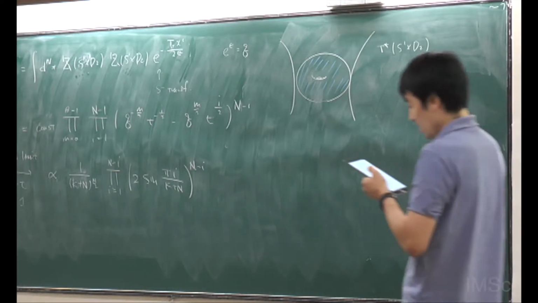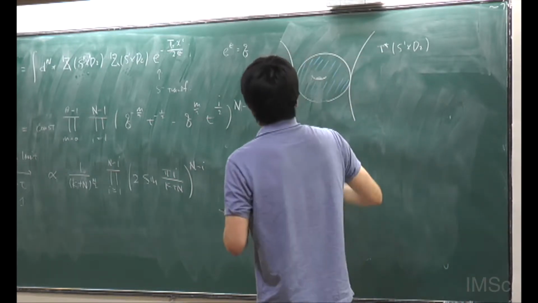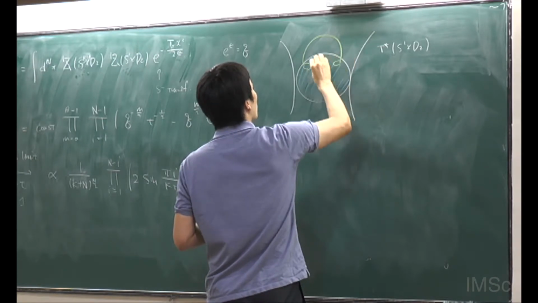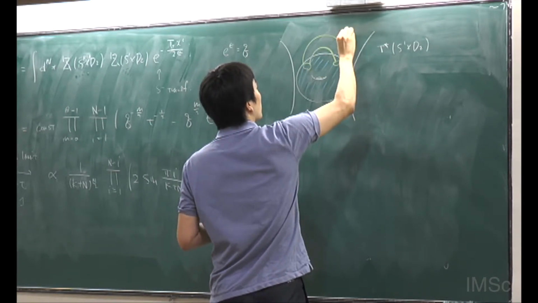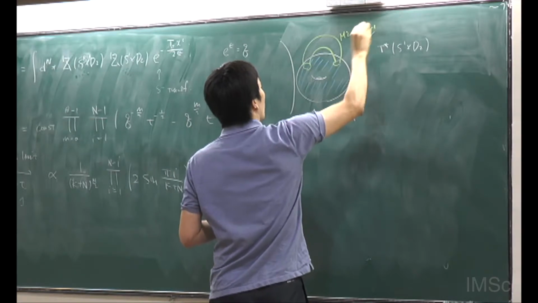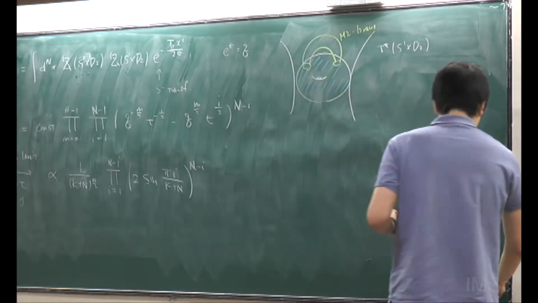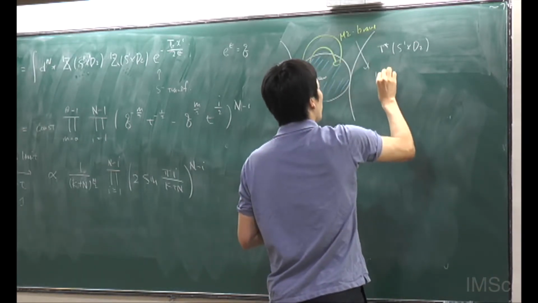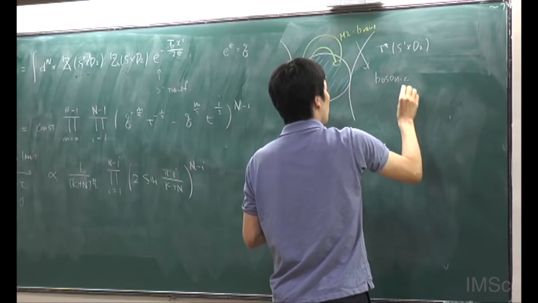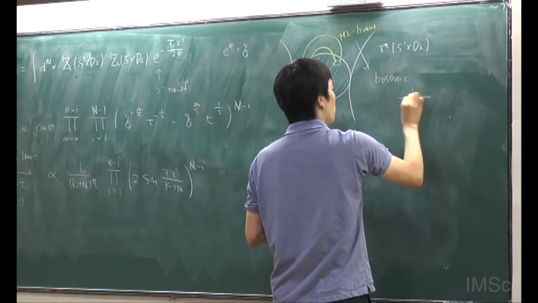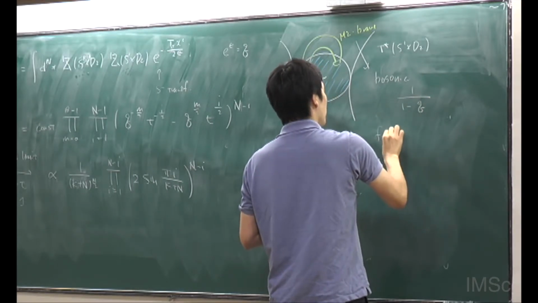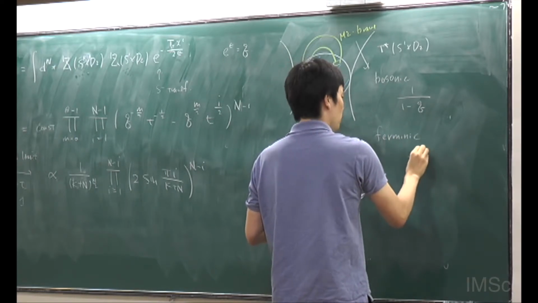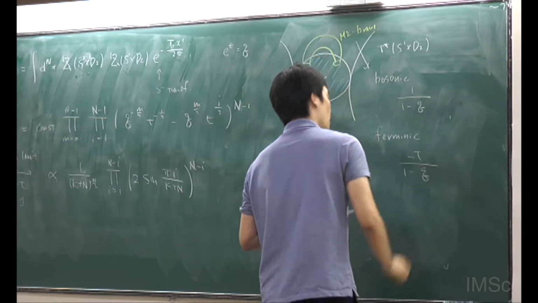You just get the fermionic and bosonic particles coming from the M2 brane attaching on the solid torus, and the single particle index will give this. This will contribute a bosonic particle with single particle index 1 over 1 minus q, and a fermionic single particle index, which will give you minus t over 1 minus q.